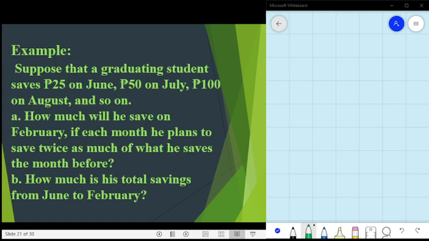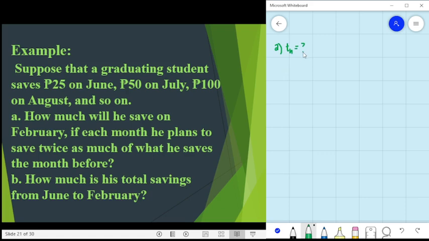Okay, so in order to solve for the A, we are going to find the t sub n, diba?